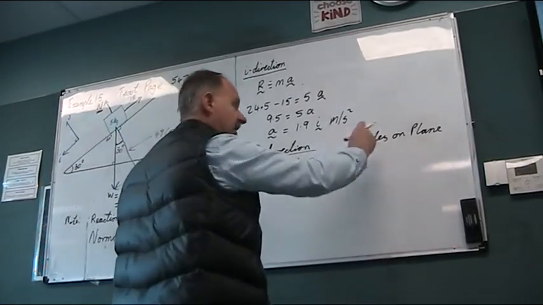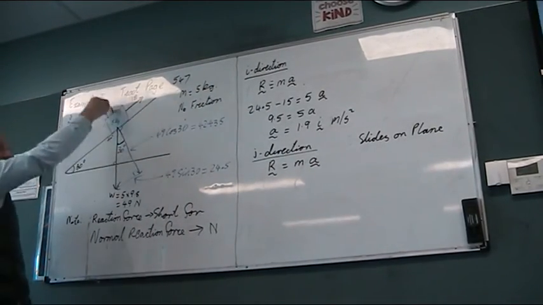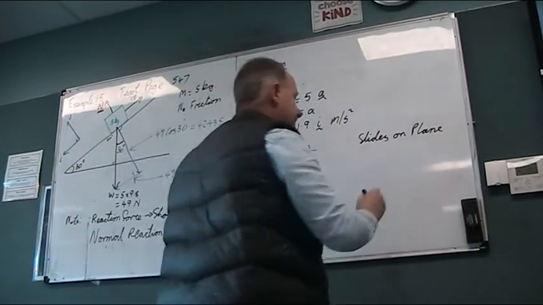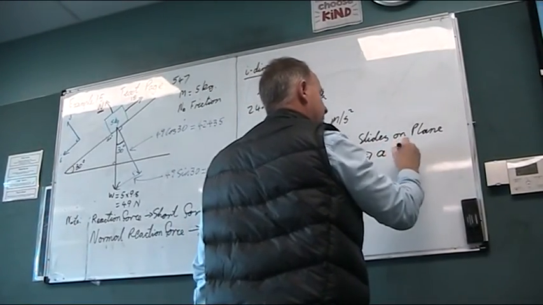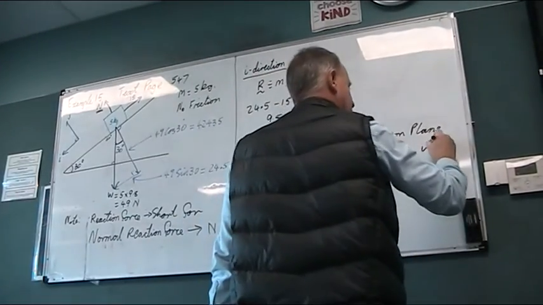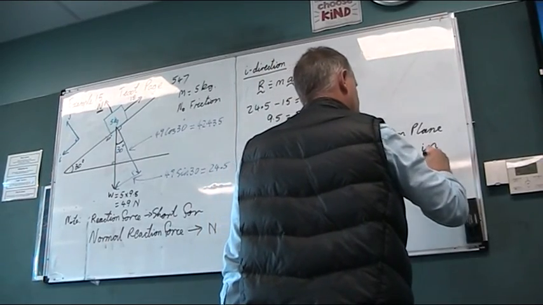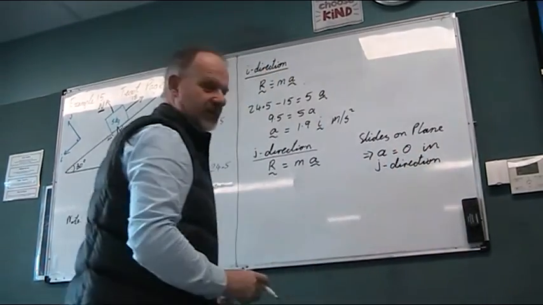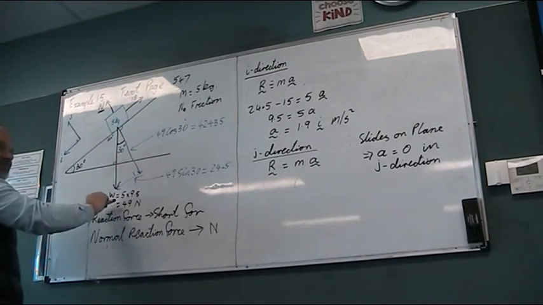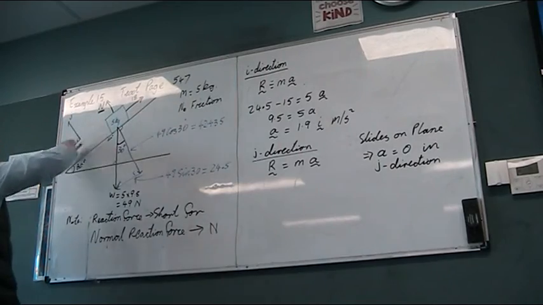If it slides on the plane, then the J direction is perpendicular to the plane. The acceleration would have to be 0, wouldn't it, in the J direction? Because if it wasn't 0, it'd move up or off the plane or through the plane. Then it only moves horizontally.